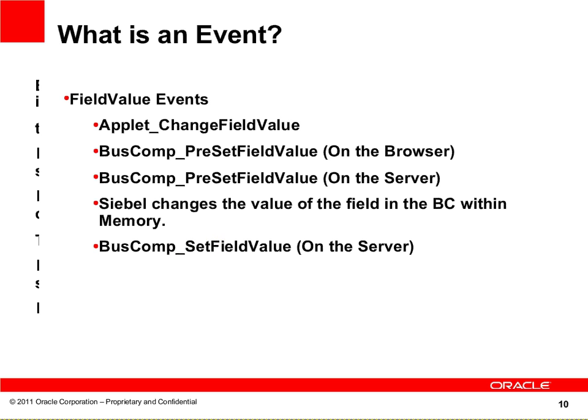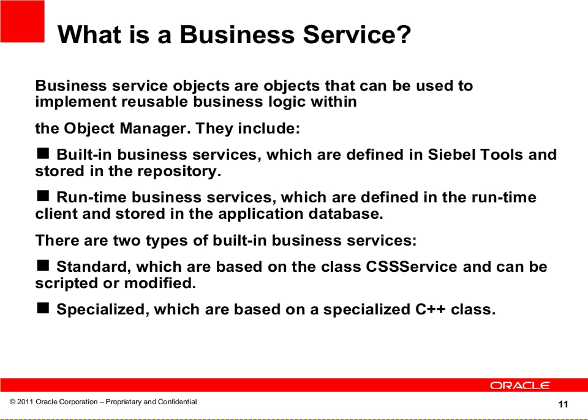Okay, moving right along to business services. A business service is a place where you can put code that you're going to execute from different places. So it's reusable code: you could use a business service to put several different functions in it and then call it from different places.